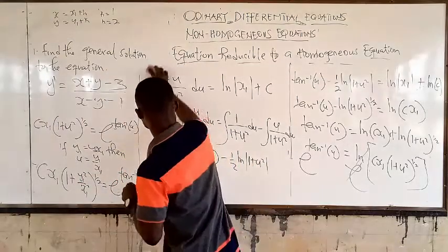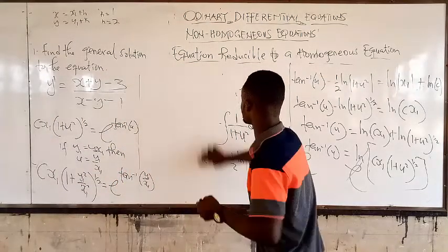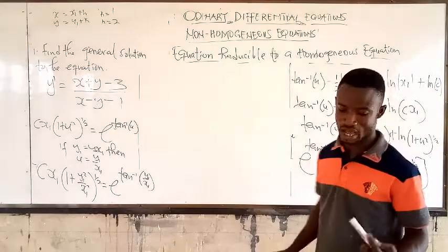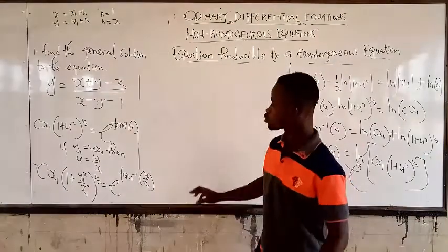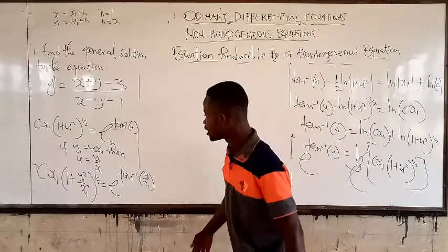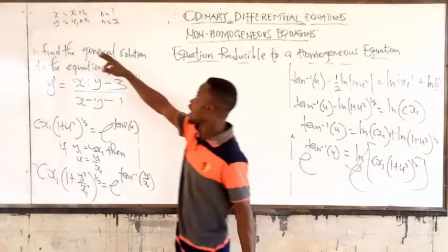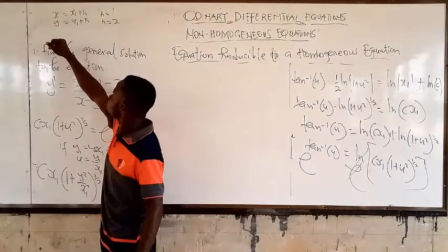And that is also not the general solution, because the general solution cannot be in terms of x1 and what? y1. So we go and look for what this x1 and y1 means. Okay.